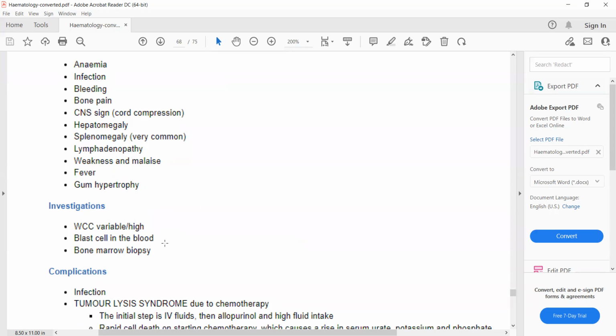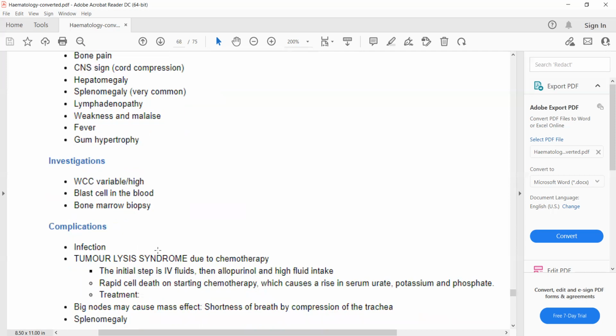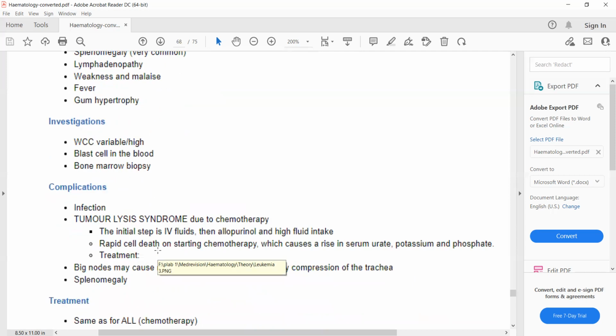Investigation will show a high or a low or a normal white cell count. There will be blast cells in the peripheral blood film, and bone marrow biopsy will show blast cells as well. Complications include infections and tumor lysis syndrome.